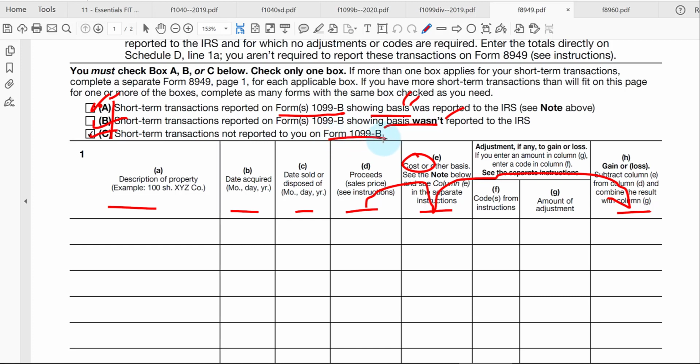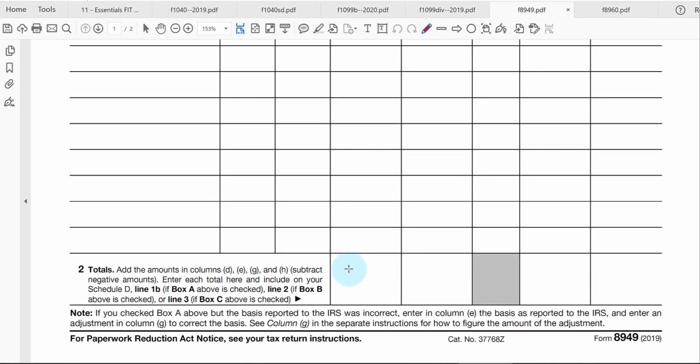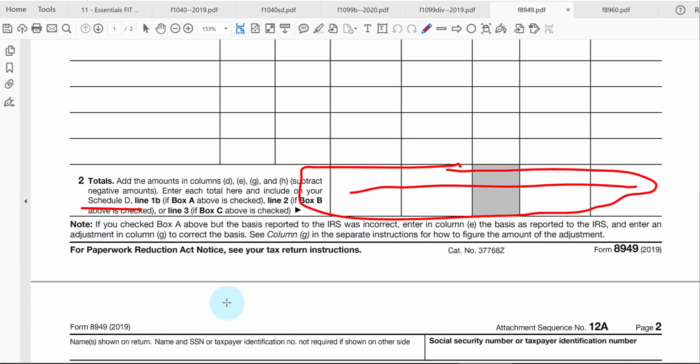A separate sheet would have to be entered here. So you enter each transaction for that type, and then you take a total at the bottom. And it's these totals at the bottom that are now reported back on Schedule D in the proper ABC or DEF row.